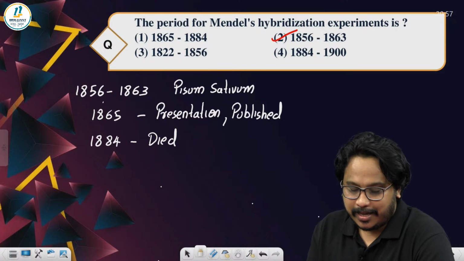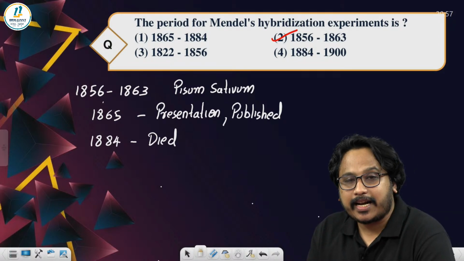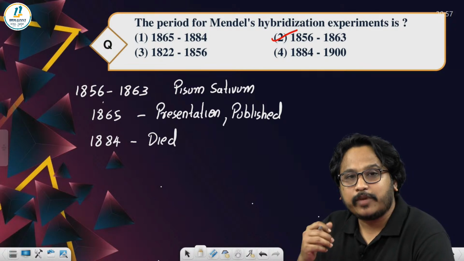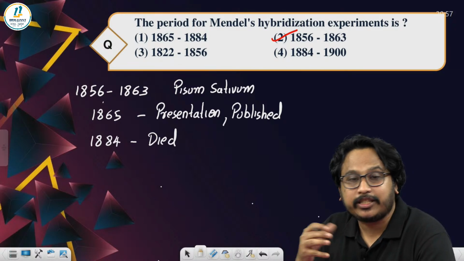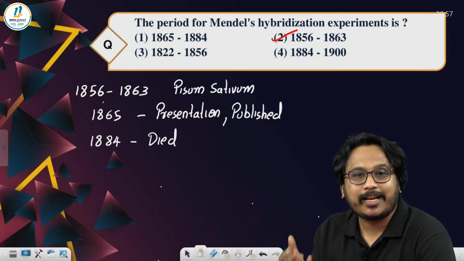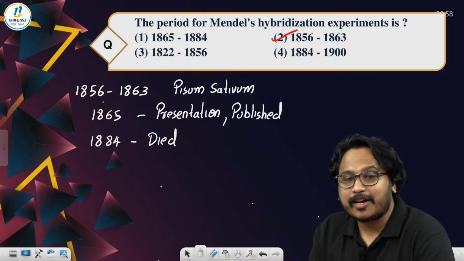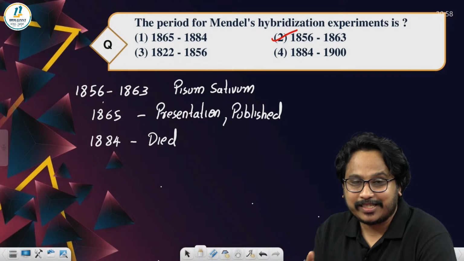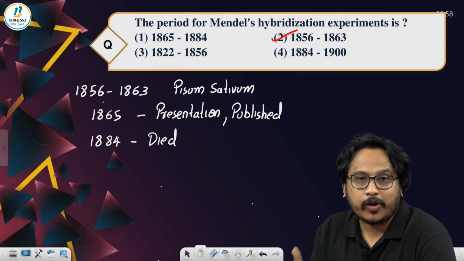The main reason: his explanation about transmission of characters from one generation to the next generation was very, very far ahead of the time in which he was living. So he was telling at that time, characters are controlled by discrete units called factors or genes that we are calling now. At that time, the nucleus, the DNA or the gene in that was not discovered.